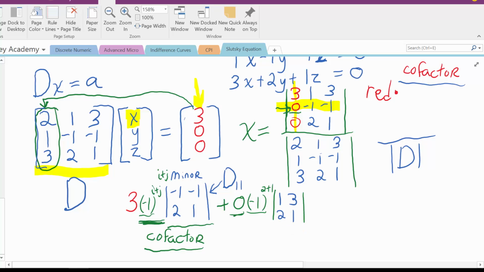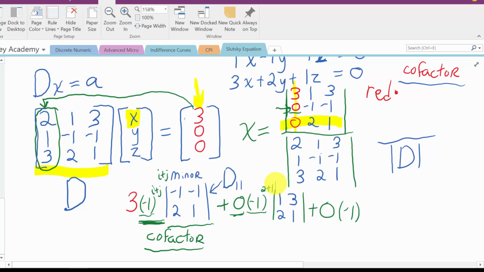And then the next term is going to be plus. All right, so we're moving down here to this 0. We cross out that row and that column, and we're going to have 0 times -1 raised to the i plus j. That's the third row and the first column.